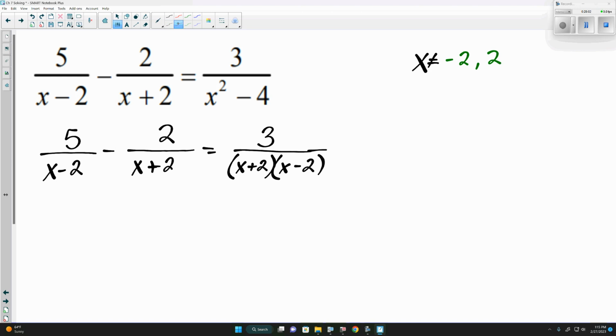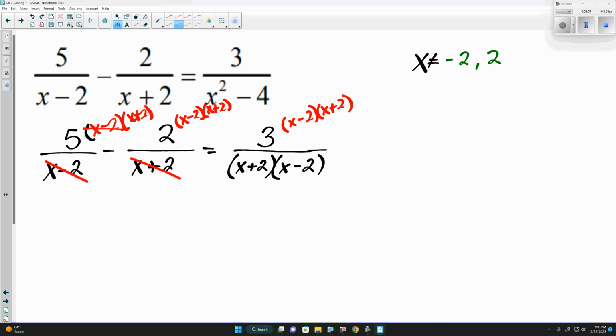And we need to multiply everything by x minus 2 and x plus 2. The one on the far left, the x minus 2 and x minus 2 will cancel.